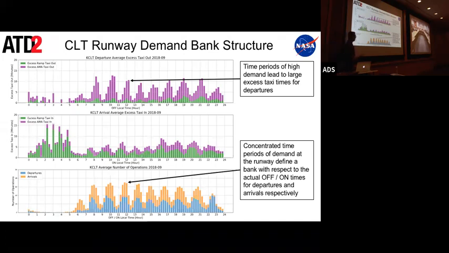At 12 o'clock noon, where the blue is the departure demand and the orange is the arrival demand, which is essentially the peak demand period, there's almost an equal amount of departures and arrivals using the runways at the same time. These time periods of high demand lead to these large excess taxi times.